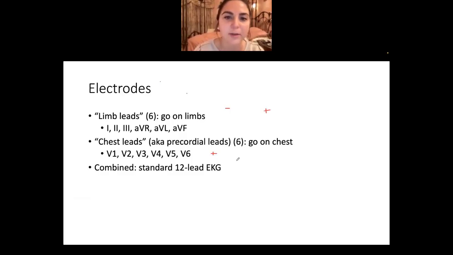Precordial is just one positive lead. That's why, if you've ever seen an EKG being given, you just pop it on the patient's chest. It's just one thing, versus the limb leads. I have pictures of this to show you, but just to help visualize, it's like you're anchoring it with one side and then you're putting the positive end somewhere else. So it's connected like this.